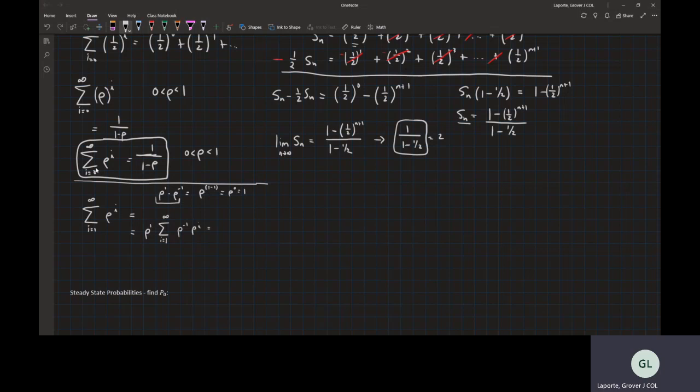That ends up being rho times the summation from i equals 1 to infinity of rho to the i minus 1, adding the powers. Now I'm going to do a change of variable: let j equal i minus 1.